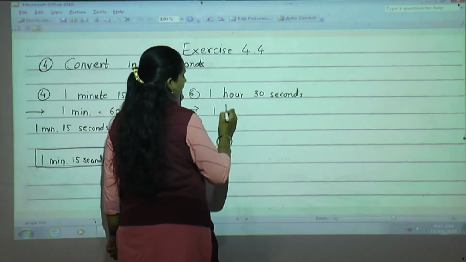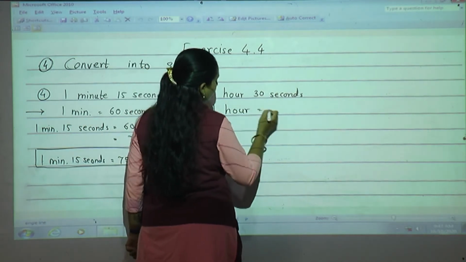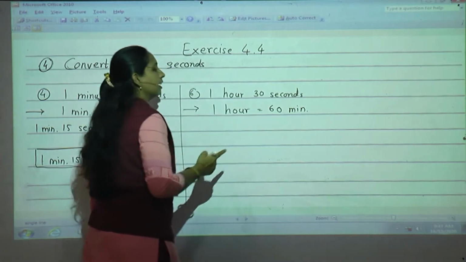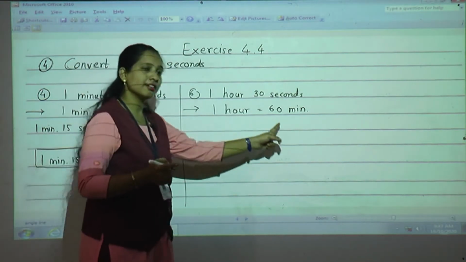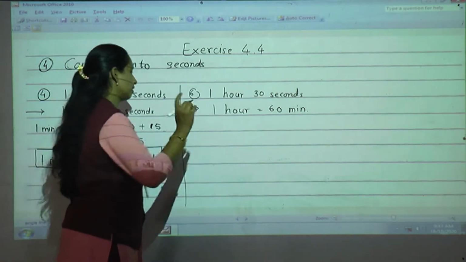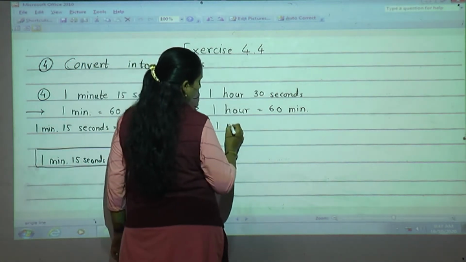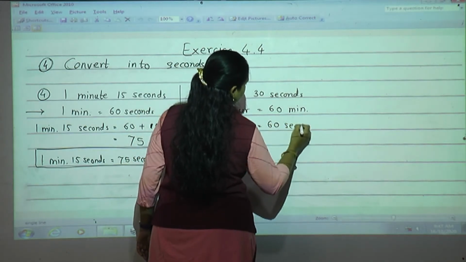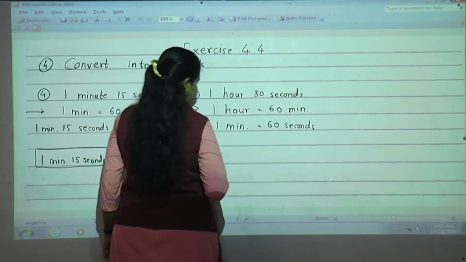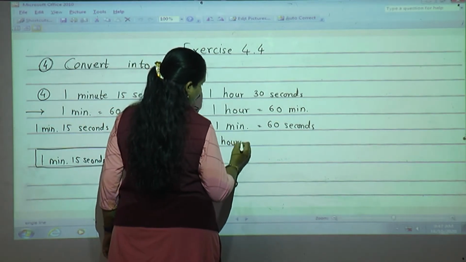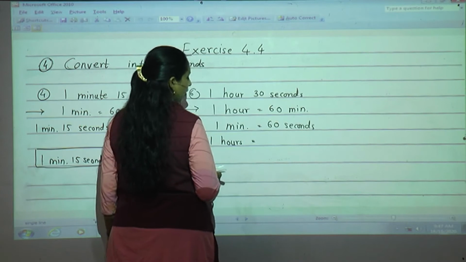So here 1 hour is equals to 60 minutes. Isn't it? Now this is what? 60 minutes. Now we have to convert 60 minutes into second. So for that 1 minute is equals to 60 seconds. So 1 hour is equals to, see how much?